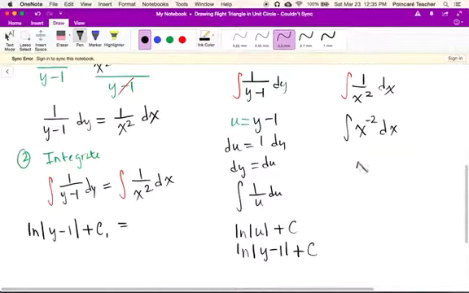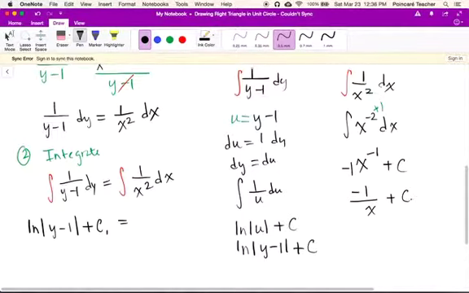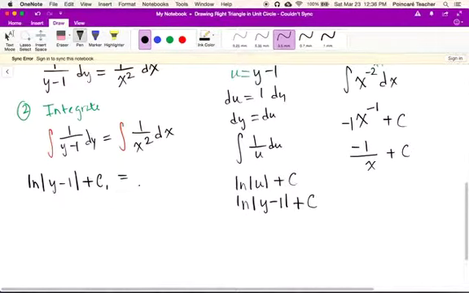So we'll get x to the, let's see, if I add 1, I'm going to get x to the negative 1 divided by negative 1, so there'll be a negative 1 here, plus c, and that can be rewritten as negative 1 over x plus c. Okay, so I'm going to bring that result to this side. So that we'll have negative 1 over x plus c2.